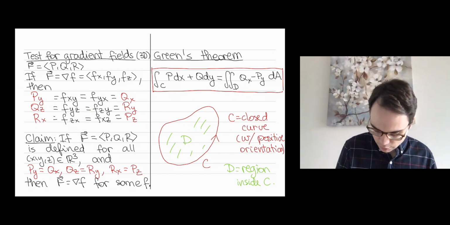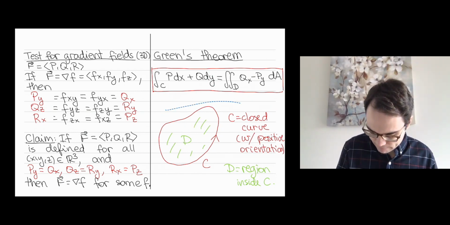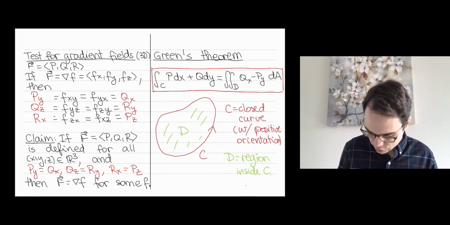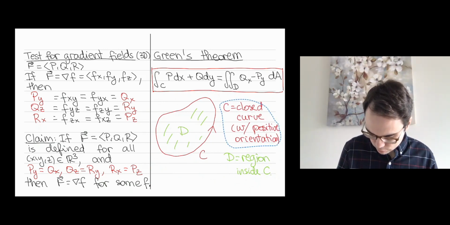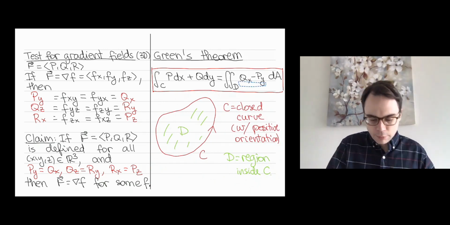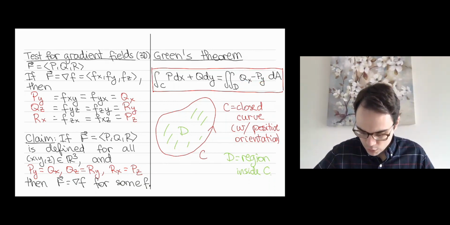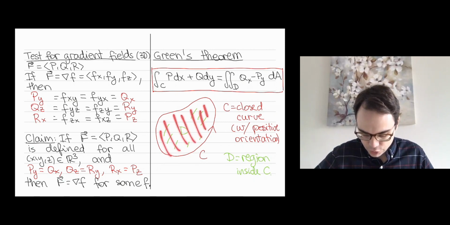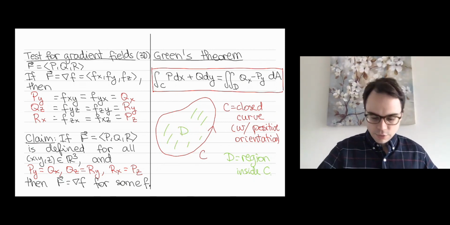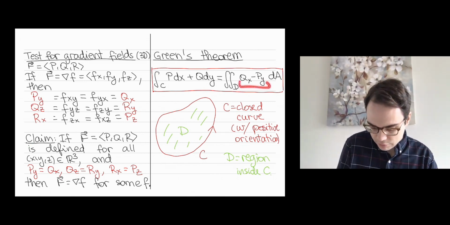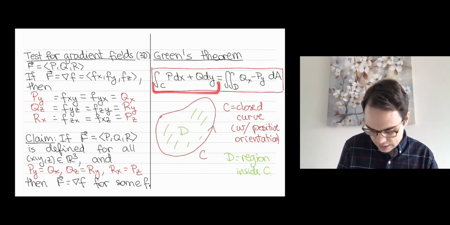Let me make an important point here, and that is that for this theorem to hold, there's one condition. Right here, we're doing the double integral of these partials over the interior of this region D. So for the theorem to hold, I need that these partials, and in fact P and Q, are defined not only on the boundary.